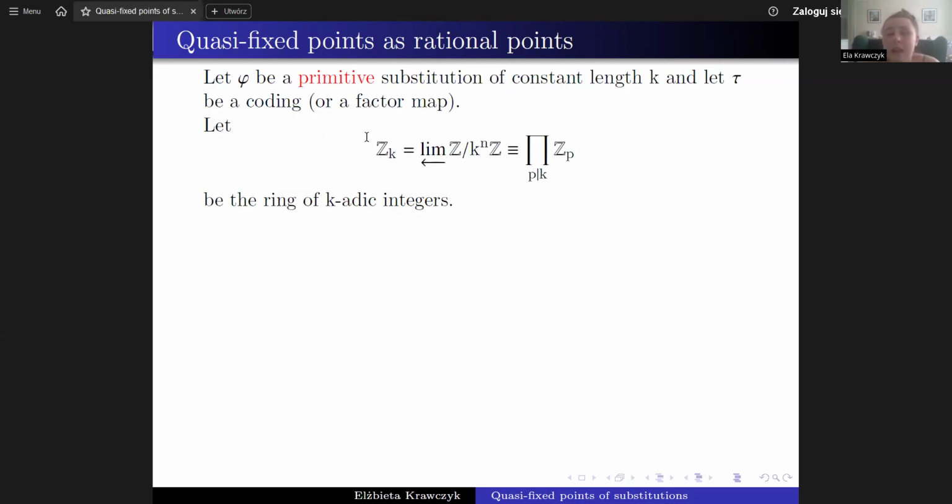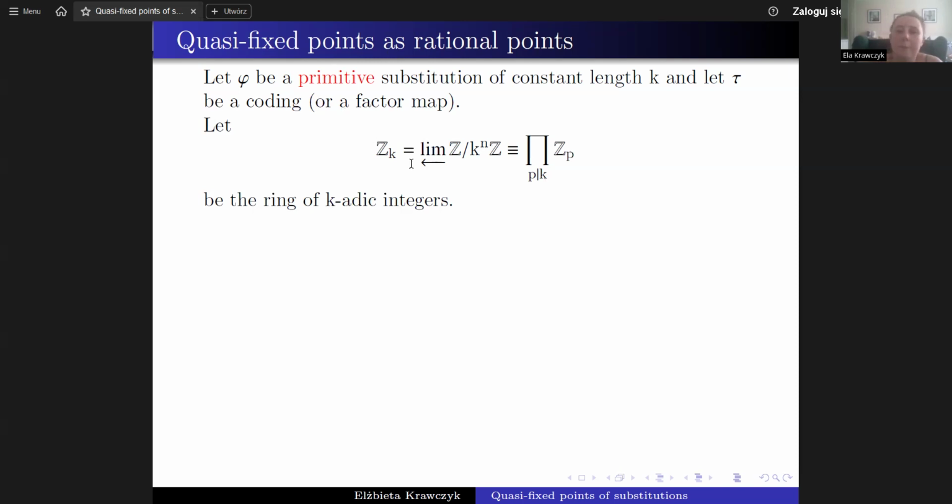Here is a notation for the ring of k-adic integers, the inverse limit of finite groups Z/k^nZ. If you have never heard of k-adic integers, you have probably heard of p-adic integers, and you can think about this ring Z_k as just a product of all p-adic integers over primes p which divide k. These are the same objects.